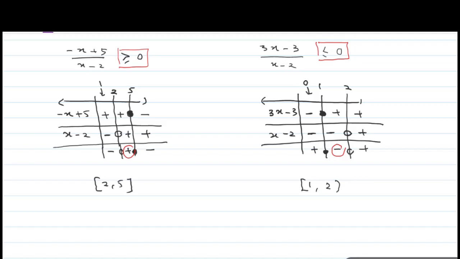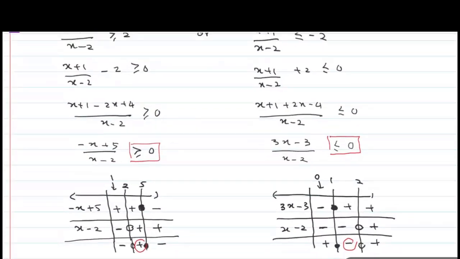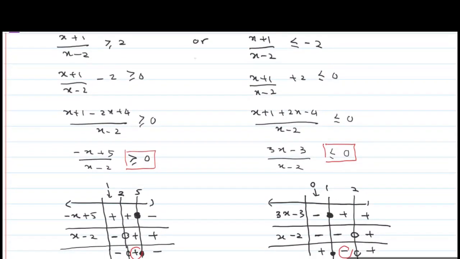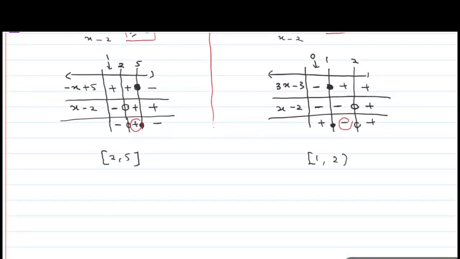Okay, now we are going to combine these two intervals. So remember, the word we use when we open the sign of absolute value is or. Or means union. So for these two intervals, we are going to find the union.